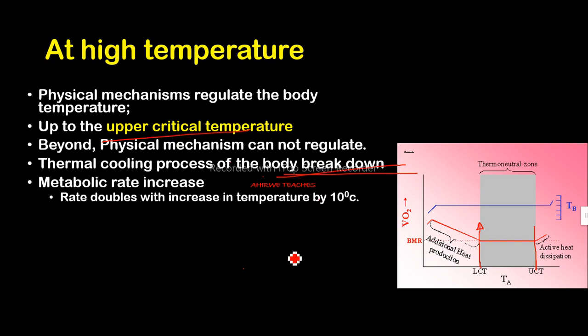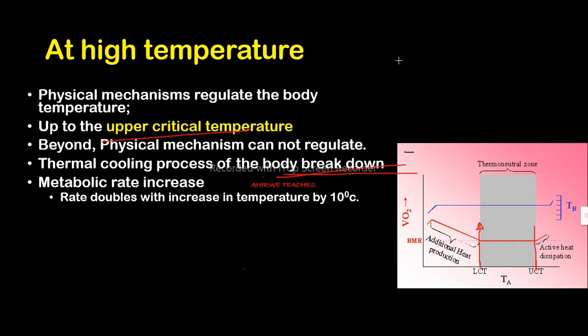Exactly. Now when you increase temperature, you're going to increase the kinetic energy of enzyme and substrate molecules. And so when you increase the kinetic energy, you increase the chances of collision, hence increasing the rate of formation of products. That is respiration.